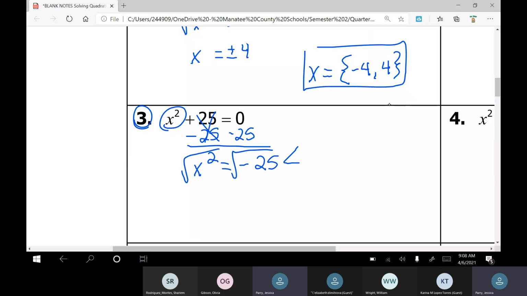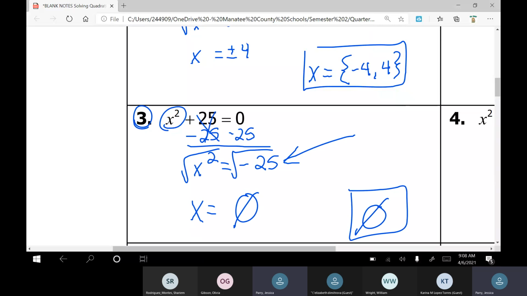But notice that this square root over here, negative 25, is a negative number. You can't take a square root of a negative number. So for this one, it's going to be no solution. No solution for your answer, because you cannot take the square root of a negative number.